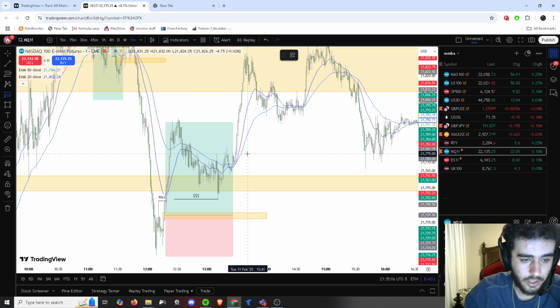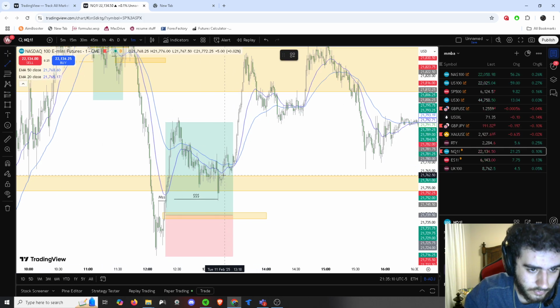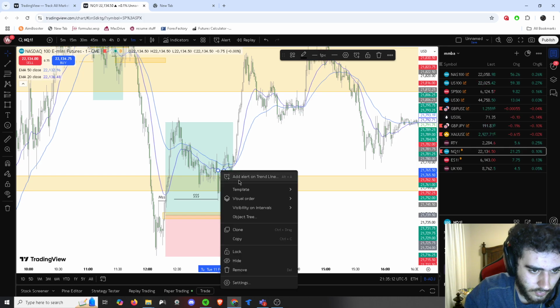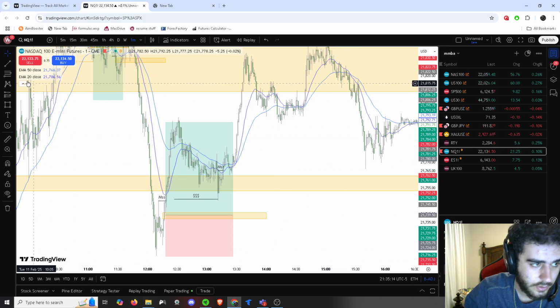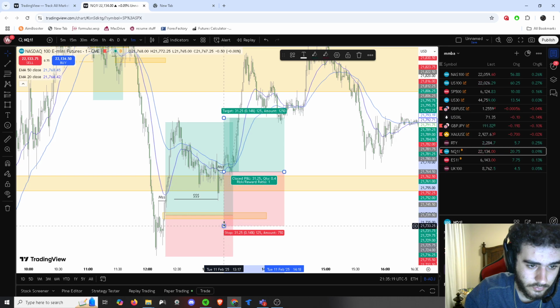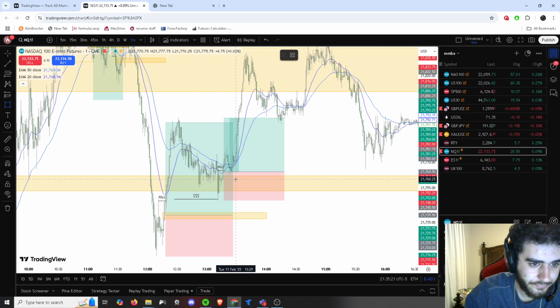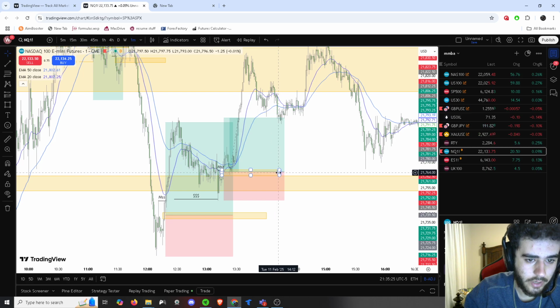Market structure shift happened right here. Market structure shifts, and look what we get. Fair value gap. No need for a better entry.